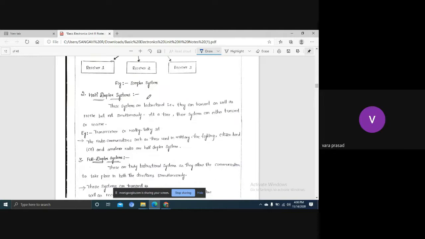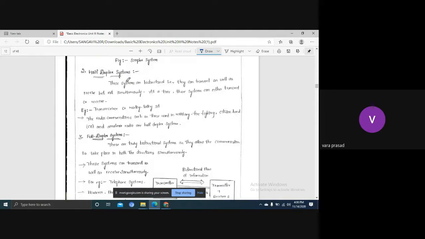Next one, the half duplex system. These systems are bidirectional. That is, they can transmit as well as receive, but not simultaneously, not at a time. At a time, these systems can either transmit or receive.